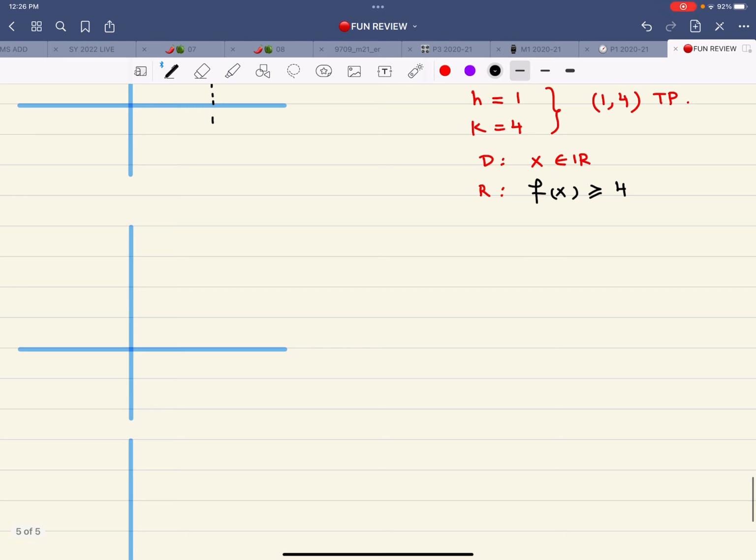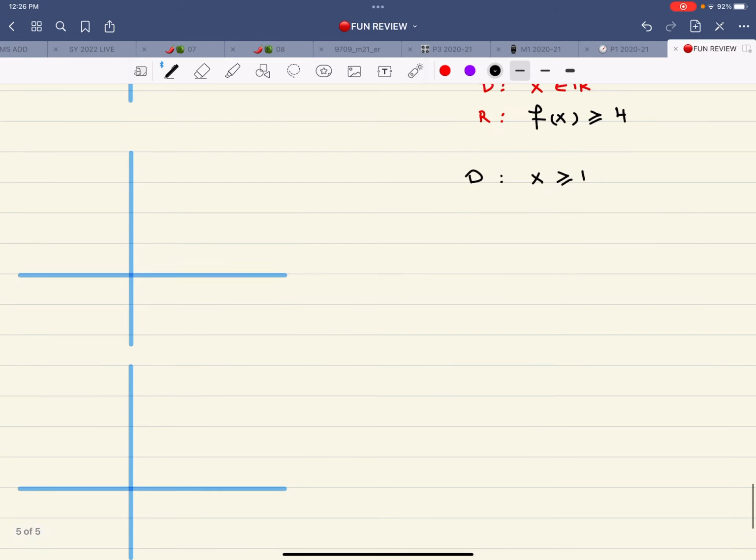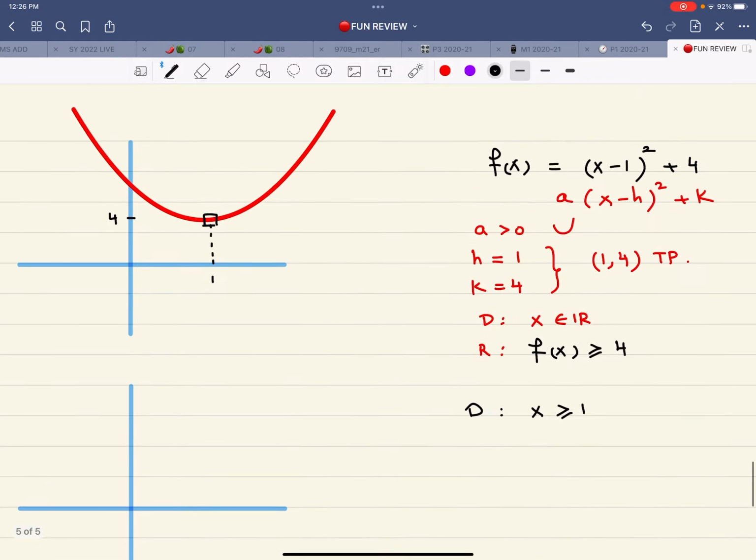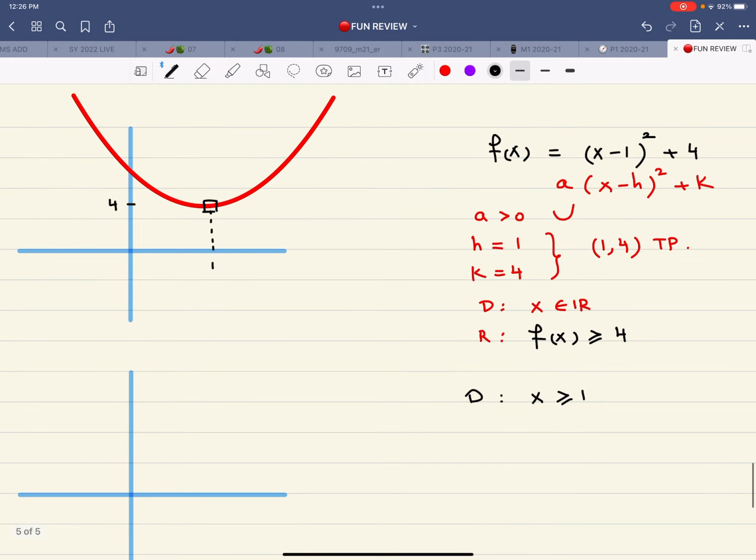Same graph, domain, x is greater than or equal to 1. And one more domain, x is less than or equal to 1. So you won't draw the full graph, you would draw half graph. How would you draw half graph?